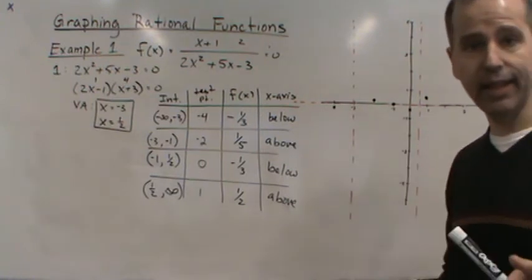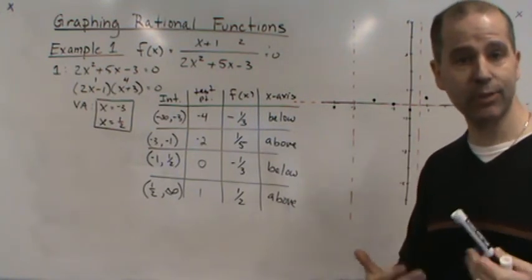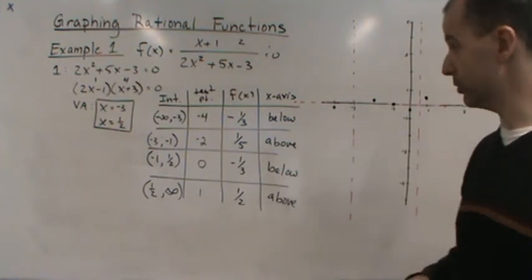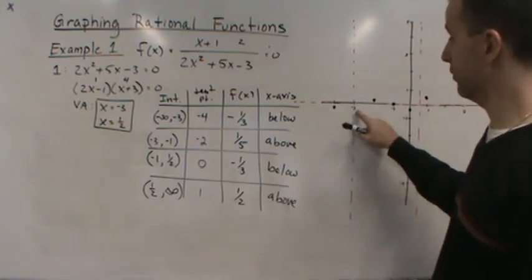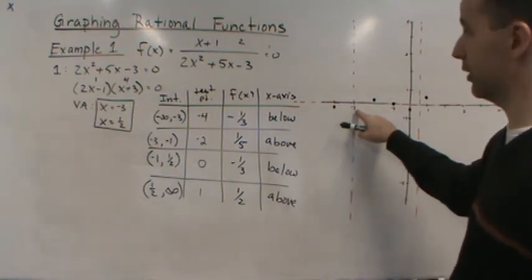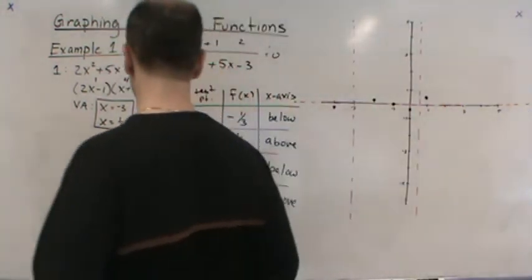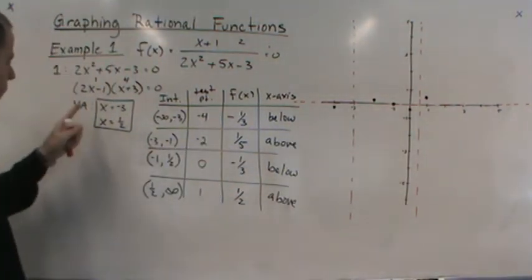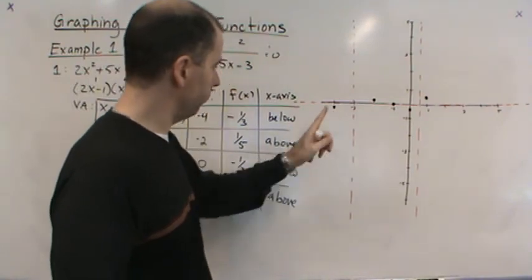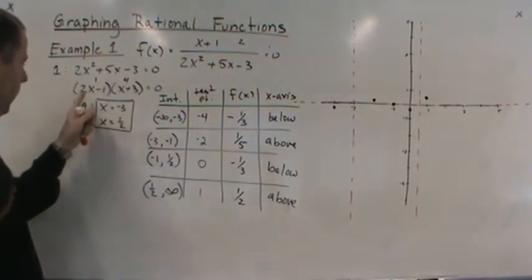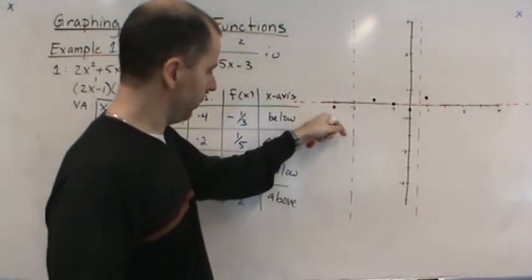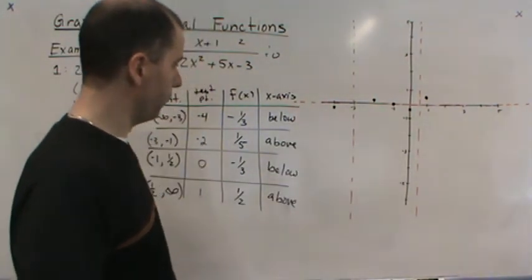Okay, but again, let's ask ourselves what's happening as we get closer to the asymptotes. As we get closer to negative 3, what's happening? Well, if we know we're over here, below, we're negative, but as we get closer to negative 3, this is going to go to negative infinity.